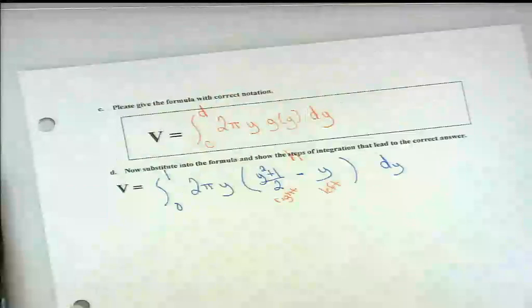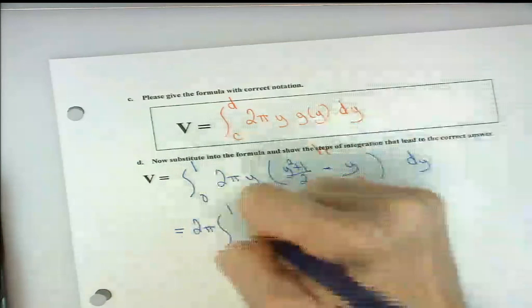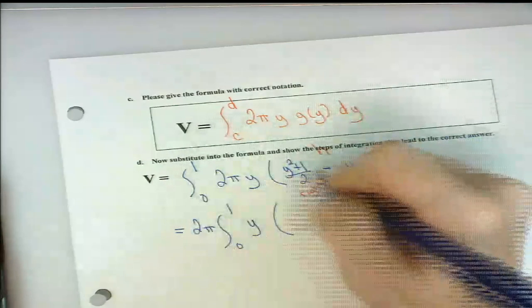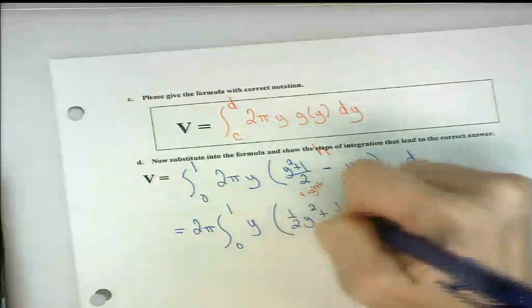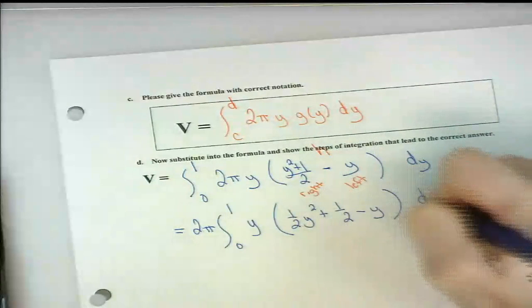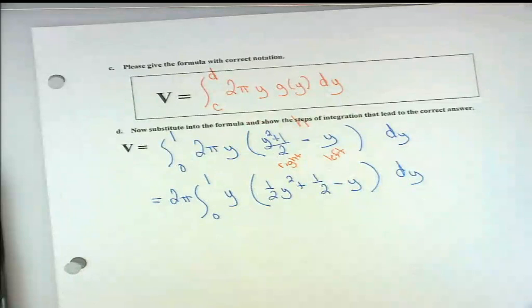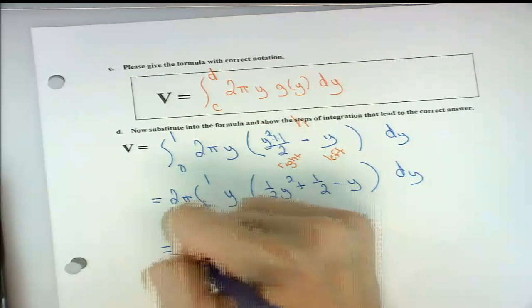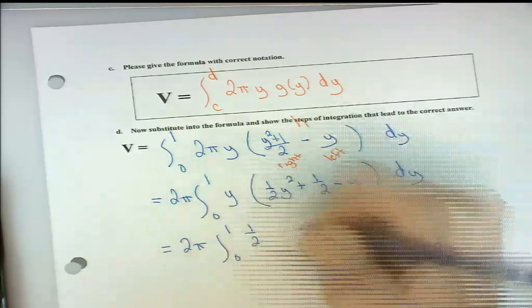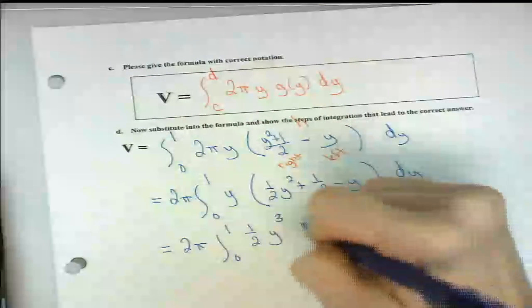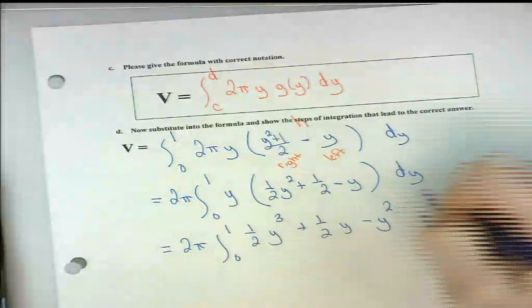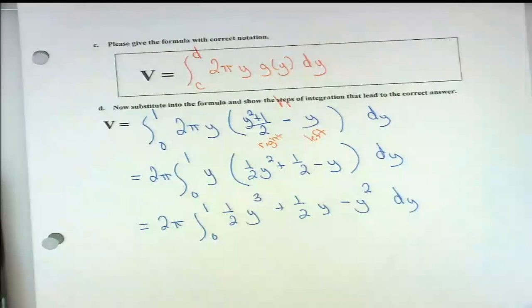Now the rest of this is the work. You could bring out the 2 pi and have pi, plus 1/2 y cubed plus 1/2 y minus y squared, and you're basically ready to integrate.